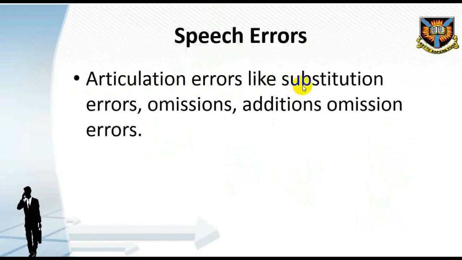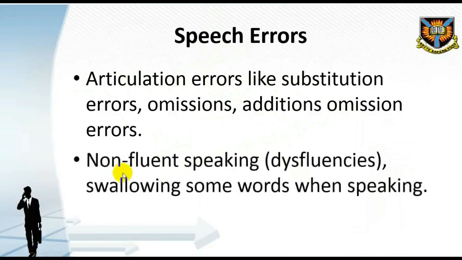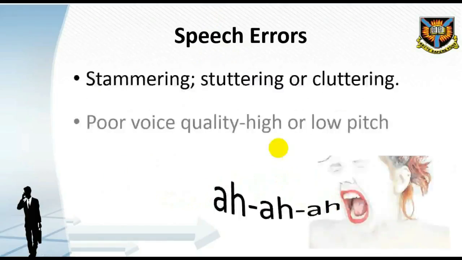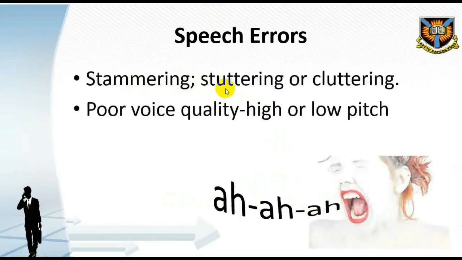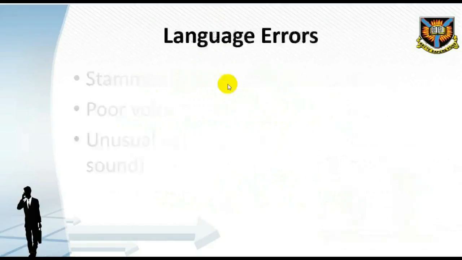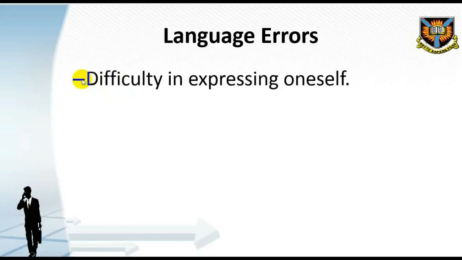Articulation errors like substitution errors, omissions, additions. 2. Non-fluent speaking, disfluencies, swallowing some words when speaking. 3. Stammering, that is stuttering or cluttering. 4. Poor voice quality, high or low pitch. 5. Unusual voice level or sound, loud or soft sound.